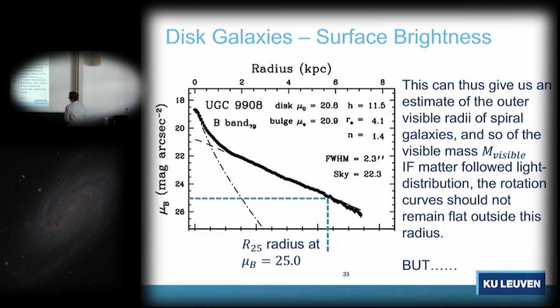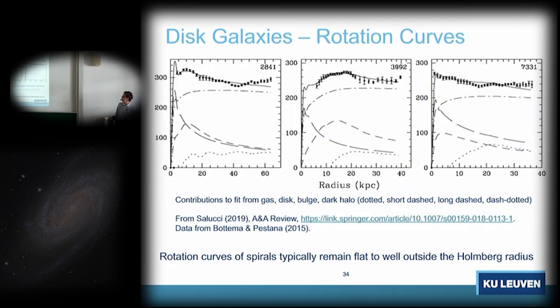So if matter followed the light distribution, the rotation curve should not remain flat outside this radius. This is what we have now been coming back to several times. So hopefully we understand the reasoning behind that now. Now, in the observations though, this is not what we observe, as we already know. The rotation curves of spirals typically remain flat to well outside the Holmberg radius or the R25 radius, right?